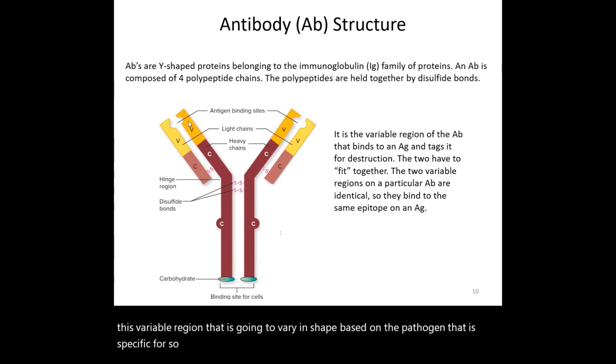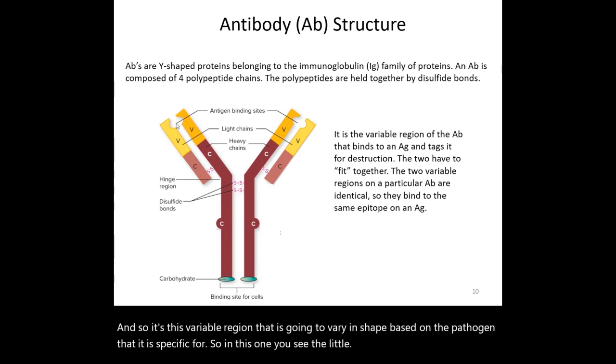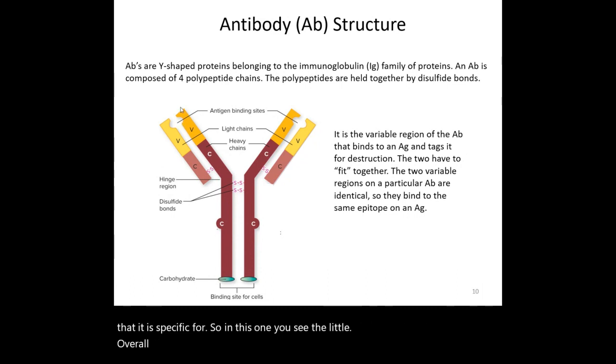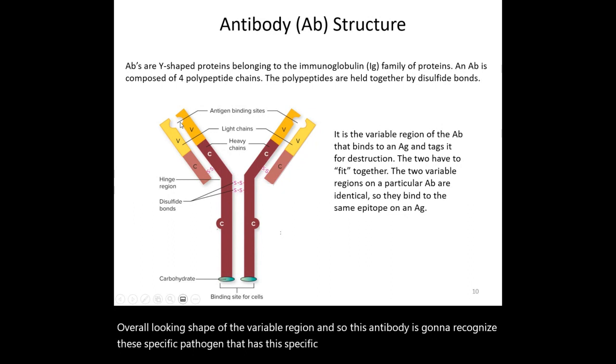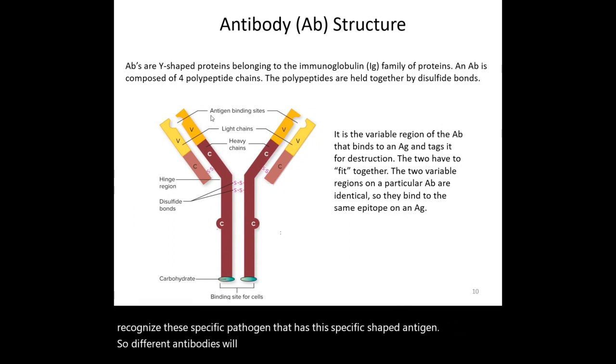In this one, you see the little oval looking shape of the variable region. This antibody is going to recognize the specific pathogen that has this specific shaped antigen. Different antibodies will have different shapes in this variable region, again specific for the pathogen it's looking for.